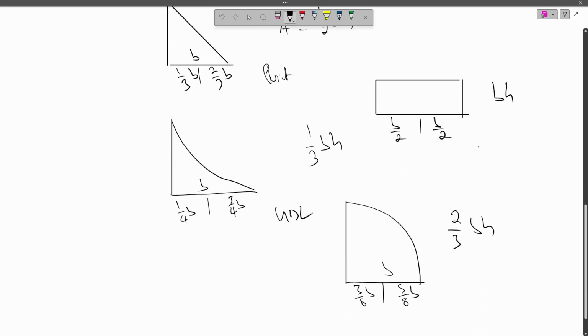Now let's look at a simple example of a cantilever.